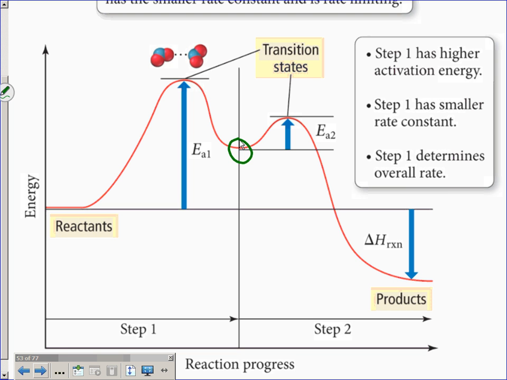We formed an intermediate because it's between the original reactants and the final products. This intermediate reacts in the second step, making a new activated complex, and then it makes the final products. How many steps are in this reaction? Two steps, that's it.